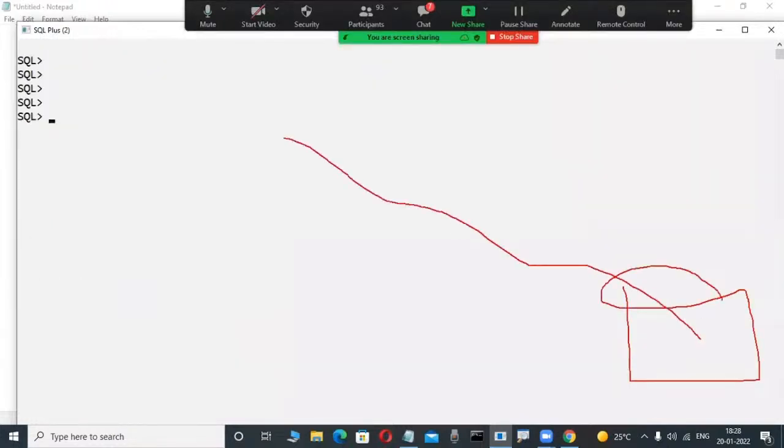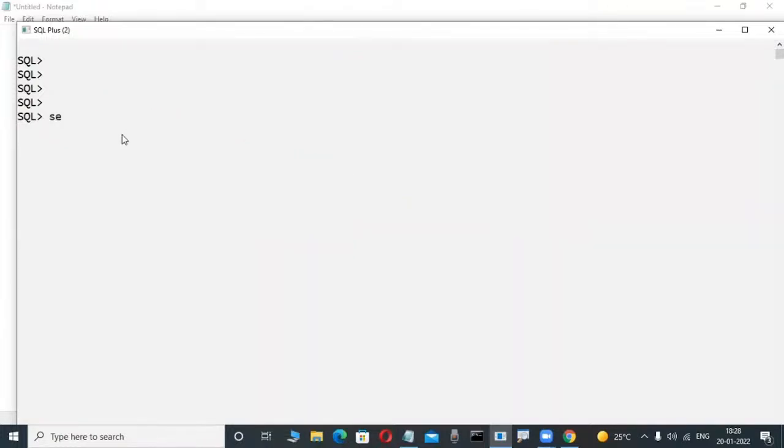How do they fetch this data? They write queries. Observe here: select star from table name where hire date is less than or equal to 1st January 1981, like this.